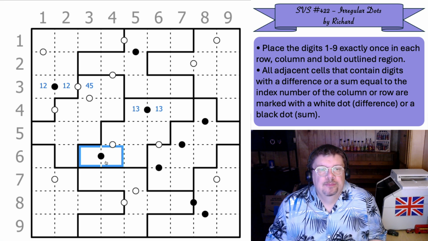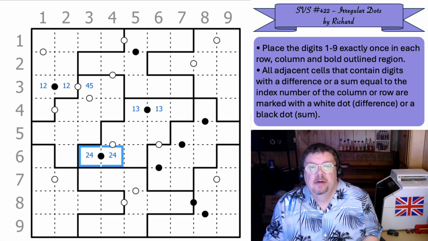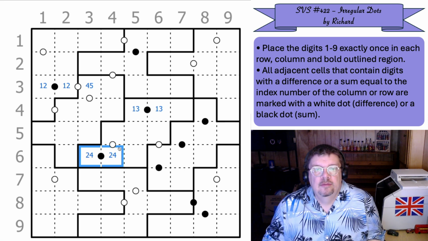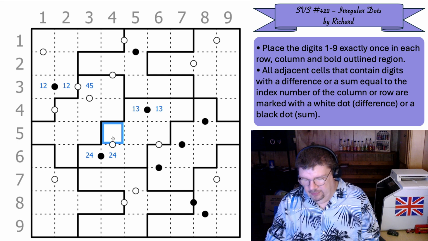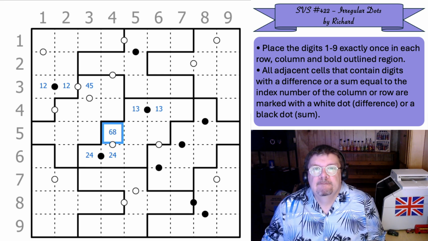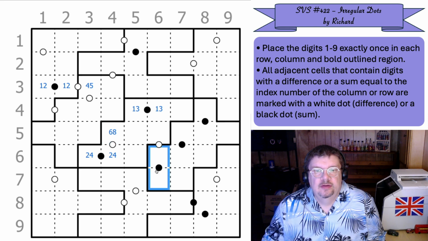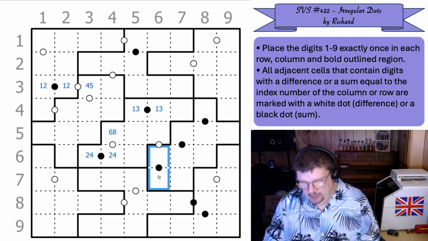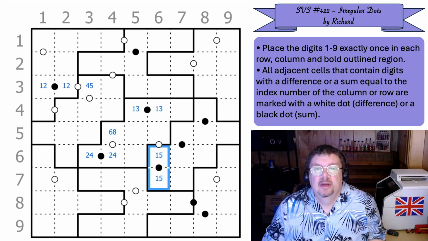Sum to 6, but I've already used the 1 in this region, so it can't be 1, 5, so that must be 2, 4. Okay, that was helpful. Difference of 4. 2 would go with 6, 4 would go with 8. These two sum to 6, but this digit can't be 2 or 4. Therefore, that is a 1, 5 pair.